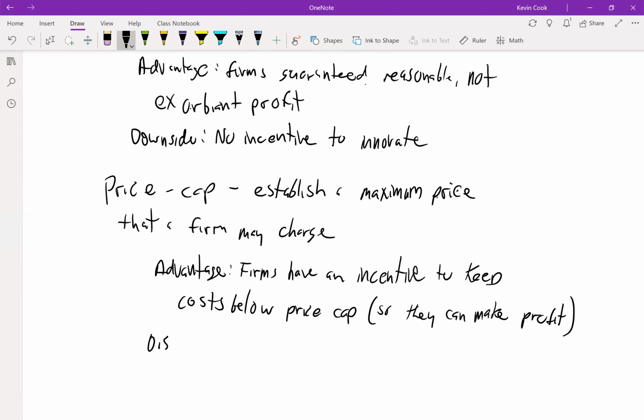But the disadvantage is that it can be inflexible in a time of shock.